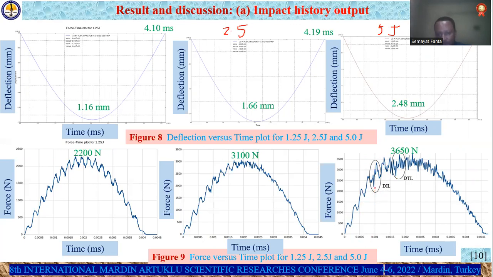So in the 5 joule case, the damage is initiated at this time interval, that is in 1 millisecond. So that is the damage initiation load, and the damage threshold load is obtained at this point, which is 3,650 newtons.